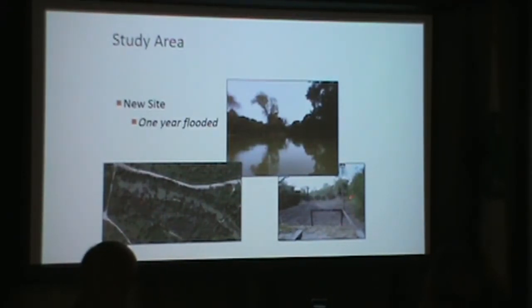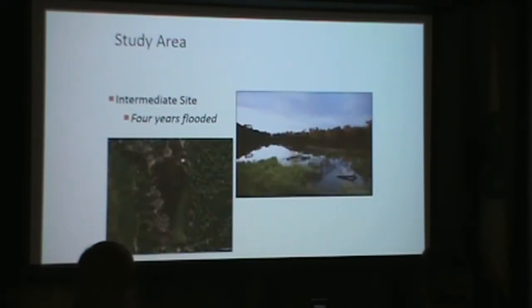So this is the new Resaca before flooding at Sable Palm, right after flooding. And this section here is the view that was flooded. It's an old Resaca bed that has been dry for many years. Intermediate Resaca is the one. This picture is from the blind, right? You know that the blind is right here.